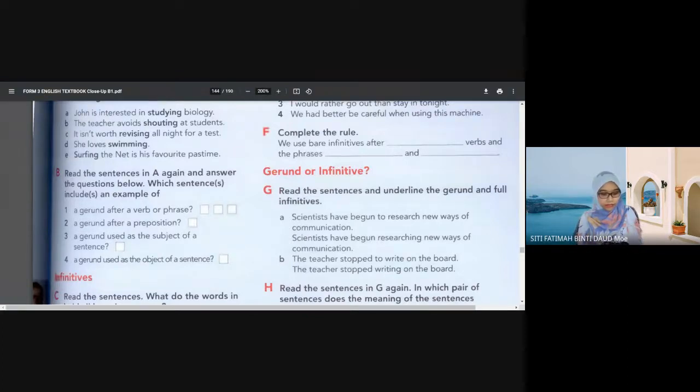Okay. And a gerund after a preposition. A gerund used as a subject of a sentence. Okay, so kata -ing tu sebagai subject. A gerund used as an object of a sentence. Okay, so which one? I give you 1 minute to do this.